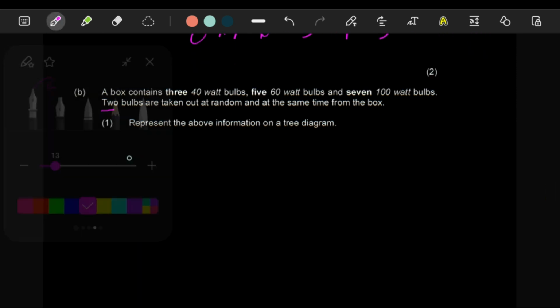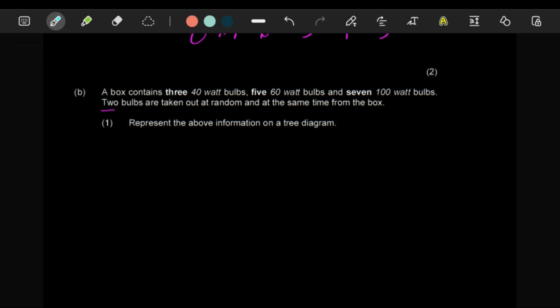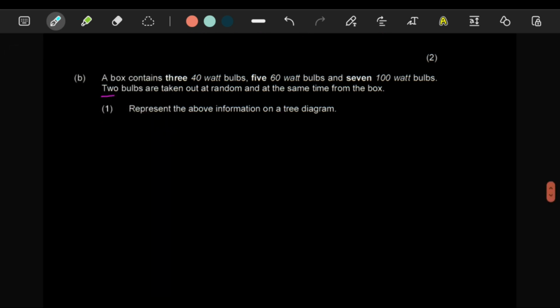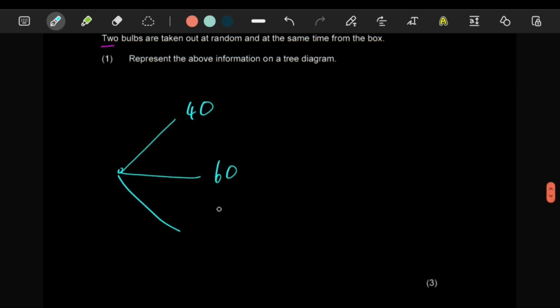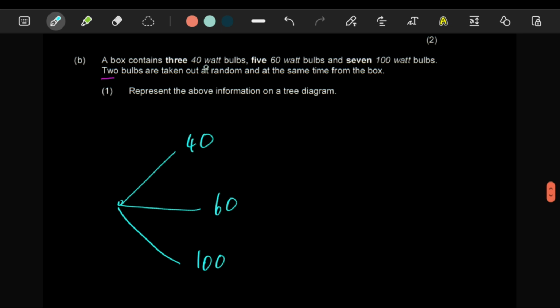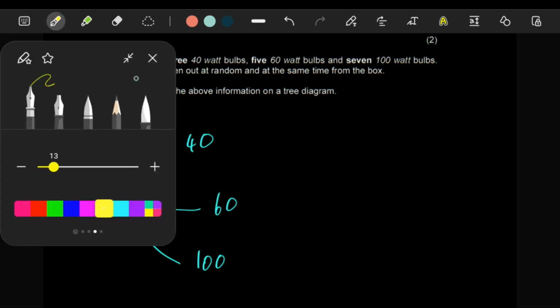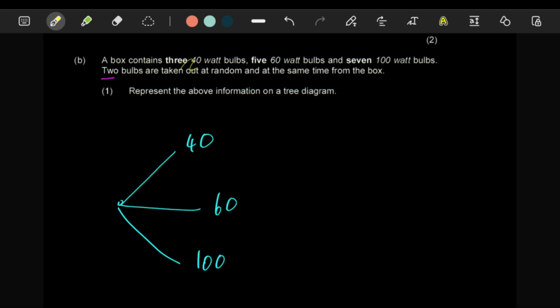It's quite simple. So here, when you take out the first bulb, you have 3 options: the 40, the 60, or the 100. Let's see. A box contains 3 of this, 5 of this, so it's just one box, and then 2 of them are taken out from that same one box.